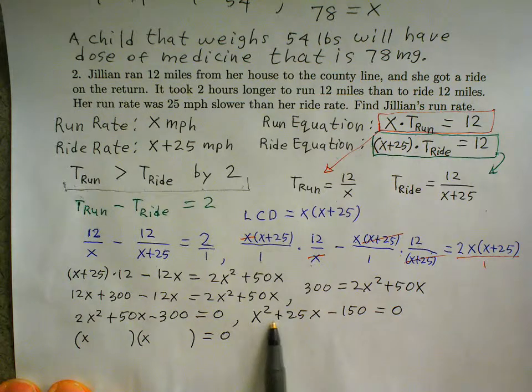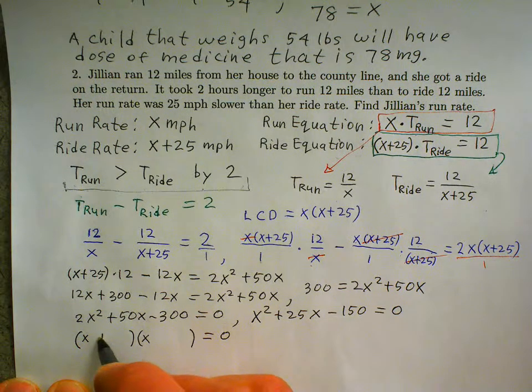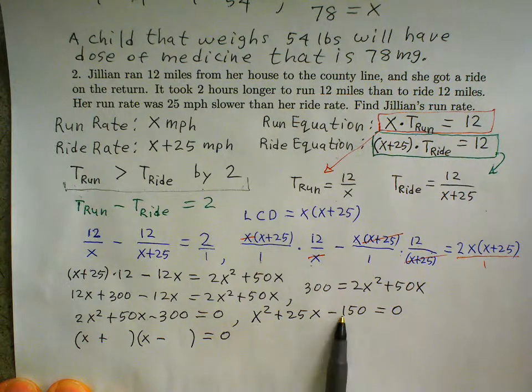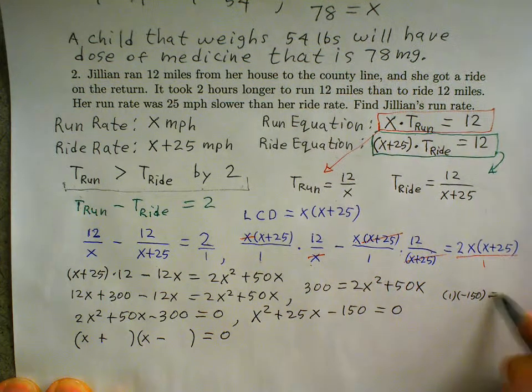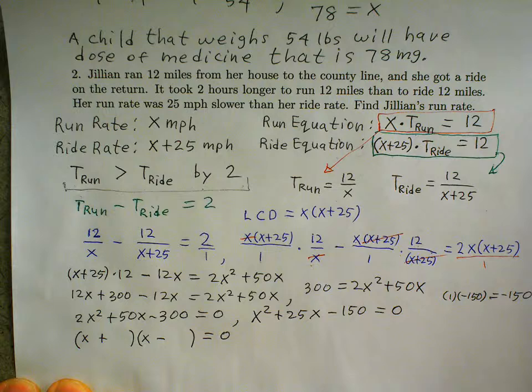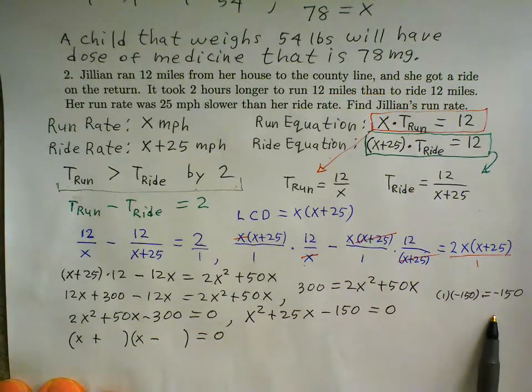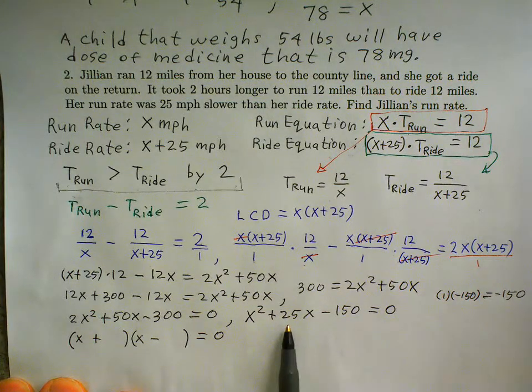Since we have x squared plus 25x minus 150, we know that one of the binomials has to have a plus sign and the other one has to have a minus sign. Now we just need to find the numbers. So using the AC method, 1 times negative 150 is negative 150. Find two integers that have a product of negative 150 and a sum of 25.